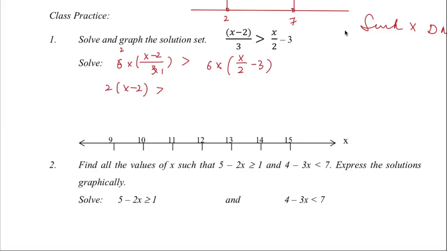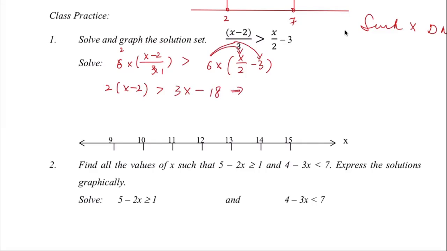We need to multiply 6 by x over 2 and 6 by 3, right? So 6 times x over 2 is 3x, minus 6 times 3, that's 18.